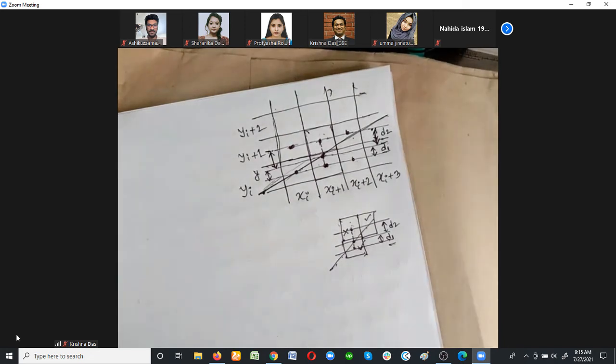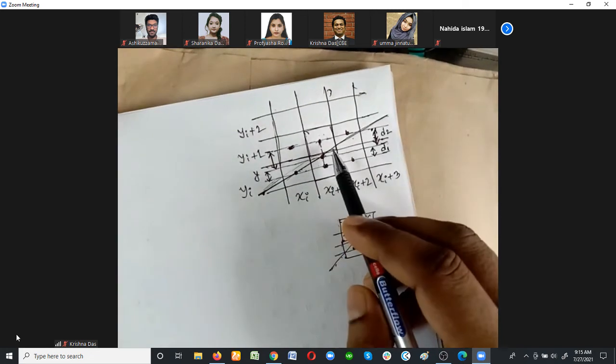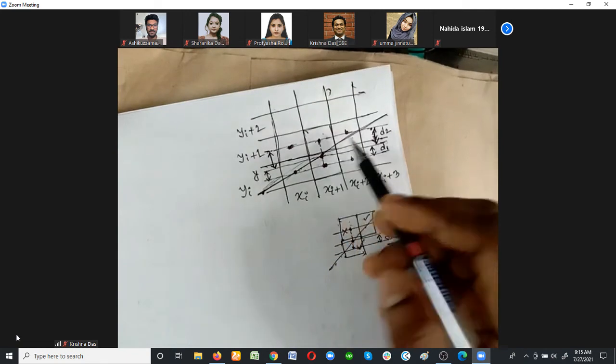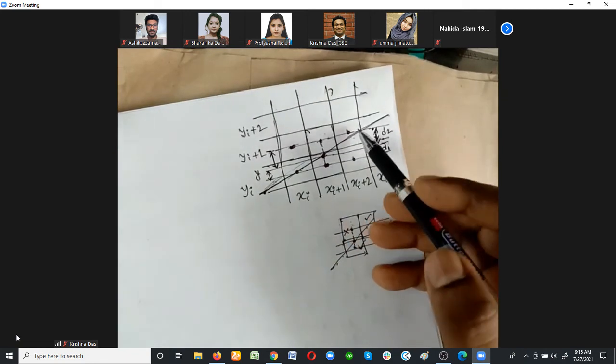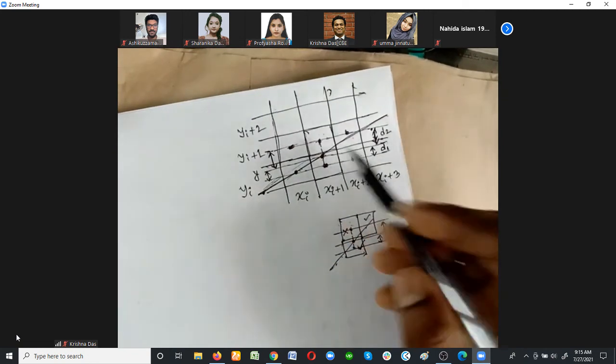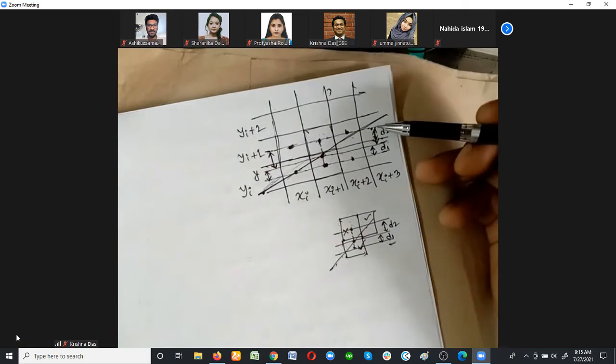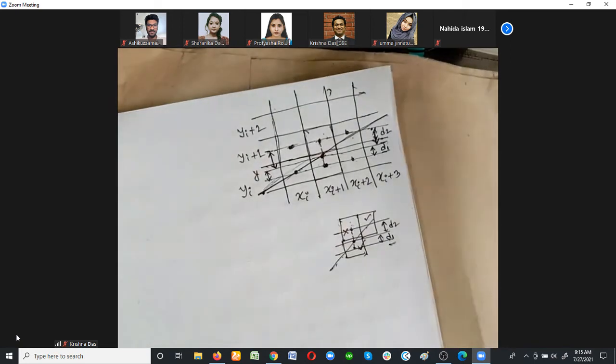Now these things for a single one that you have done, in the next one maybe you have another pair where the D1 and D2 are changing for the other pair. Like this way it will go and compare with each and every pair of the pixel on the way, and it will take a decision and take the best one, right?